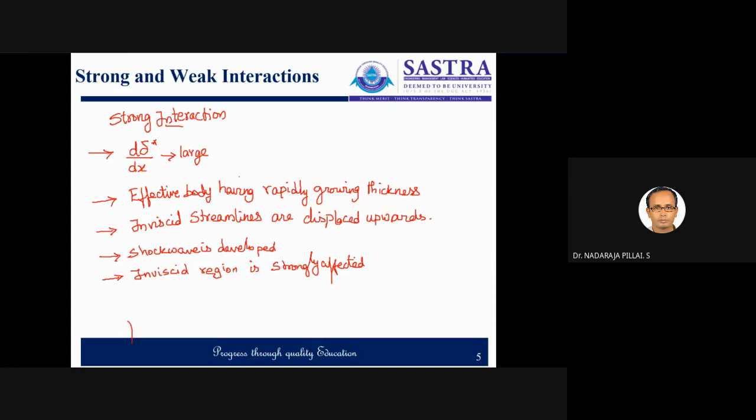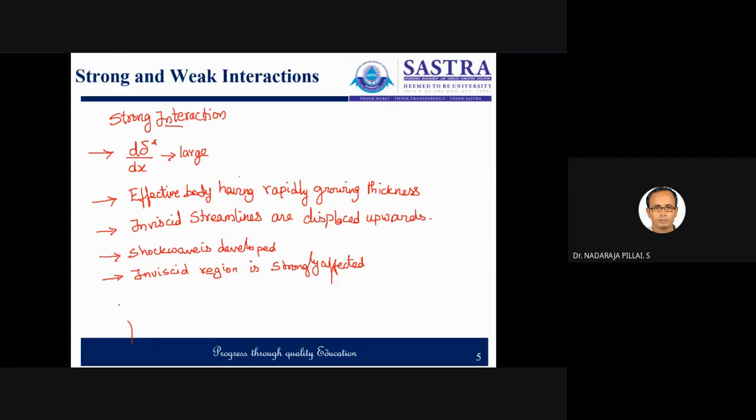Right? So the inviscid flow is strongly affected by the rapid boundary layer growth. So there are substantial changes in the outer inviscid flow, which gives a feedback to the boundary layer again.